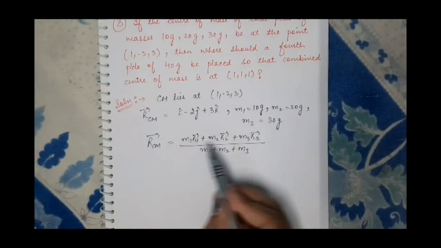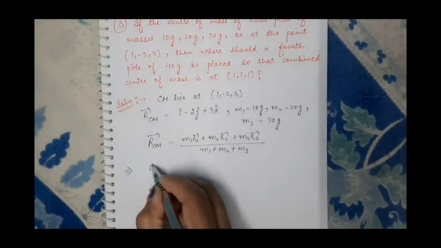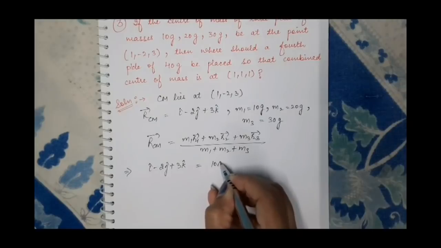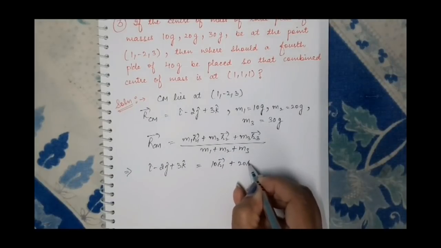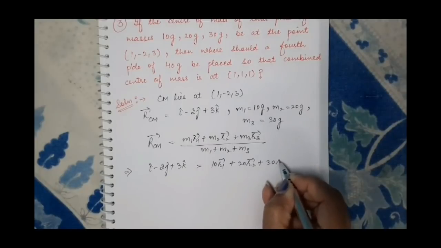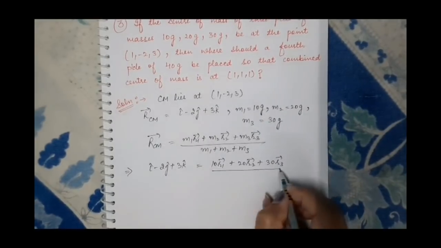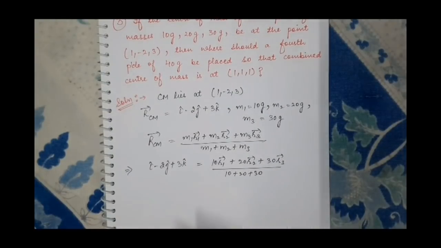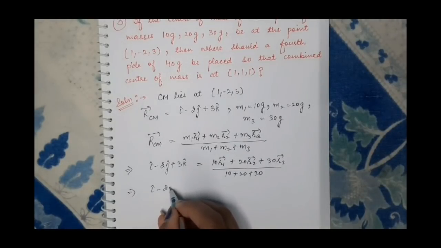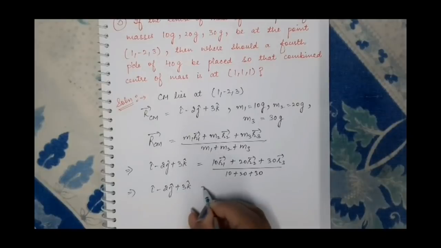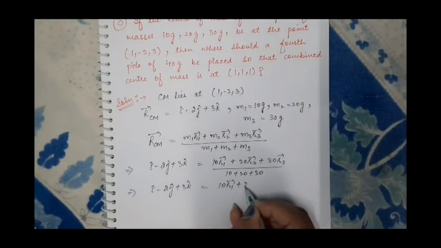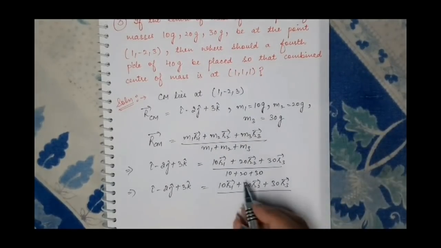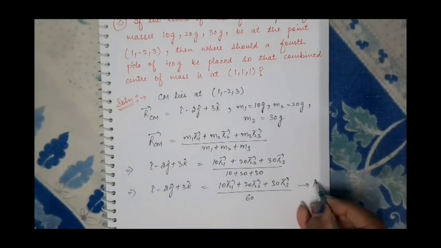So put all these values in this equation and we will get i cap minus 2j cap plus 3k cap equal to 10r1 plus 20r2 plus 30r3 divided by 10 plus 20 plus 30. So it will become i cap minus 2j cap plus 3k cap equal to 10r1 plus 20r2 plus 30r3 divided by 60. So suppose this is equation number 1.